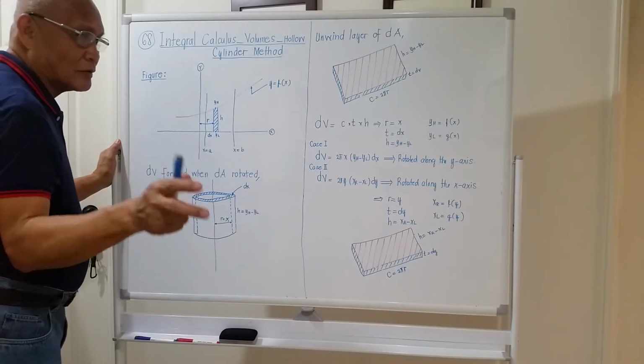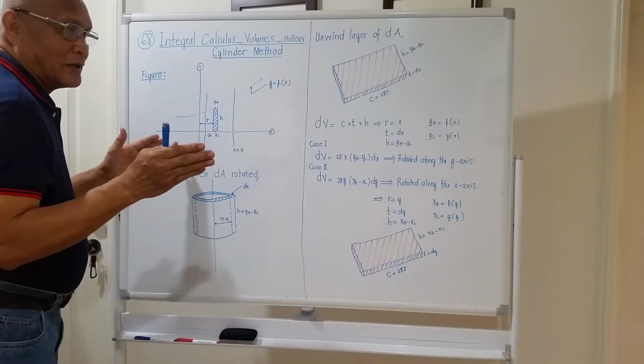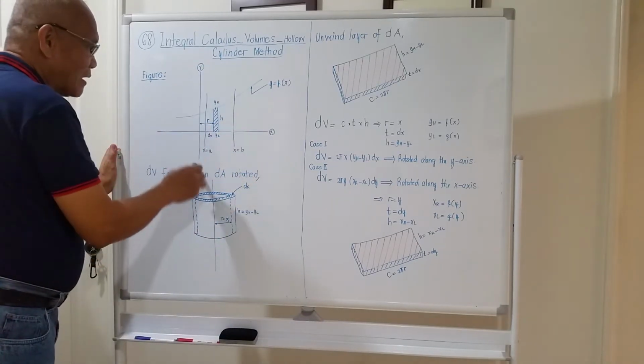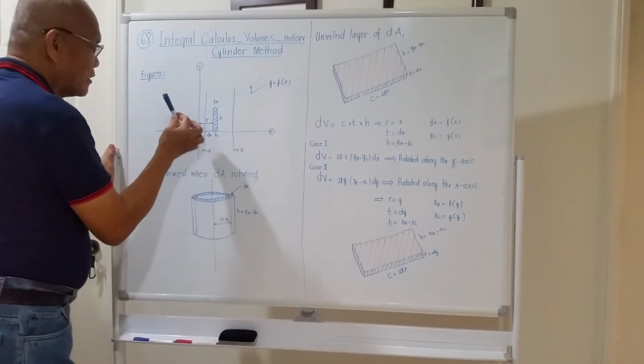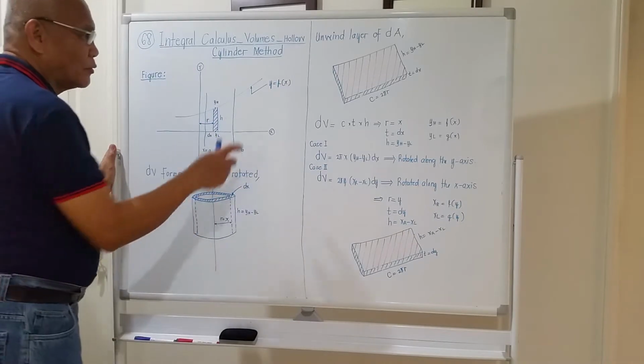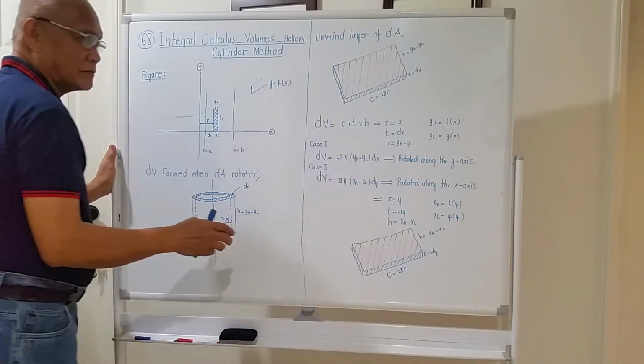I will try to draw a function of x on the rectangular coordinate system. Y-axis, x-axis, this should be the curve. I designate that curve to be y equal to a function of x.